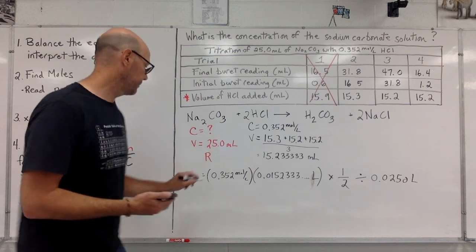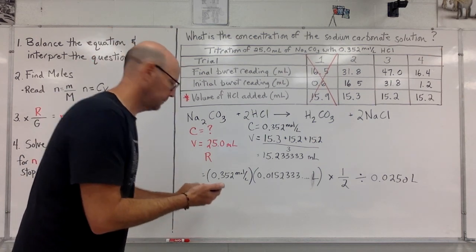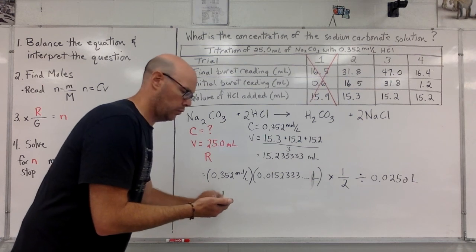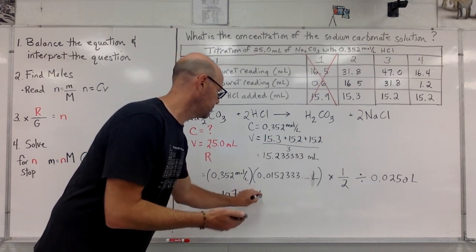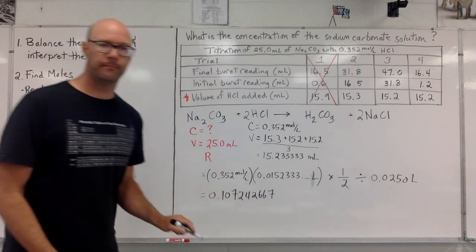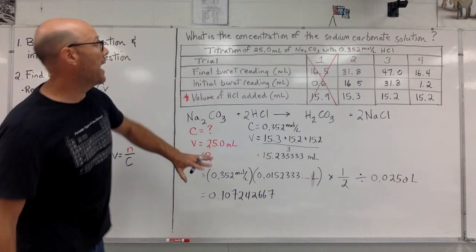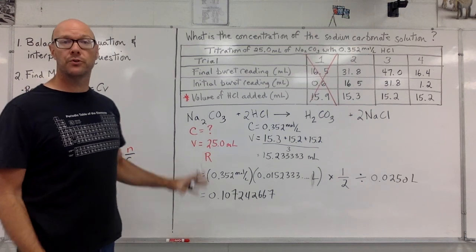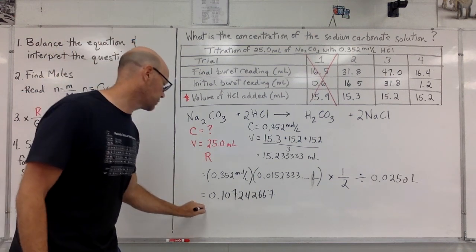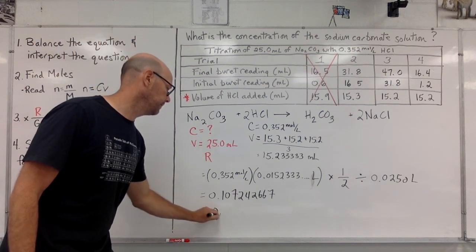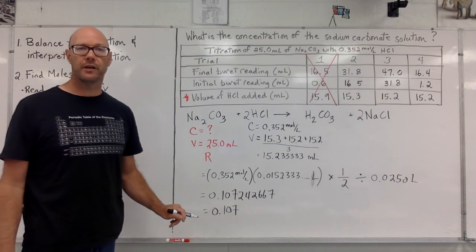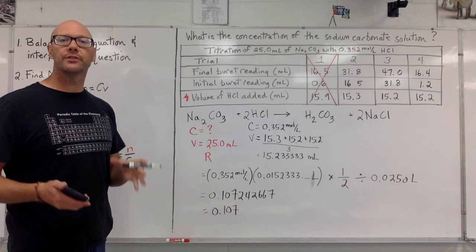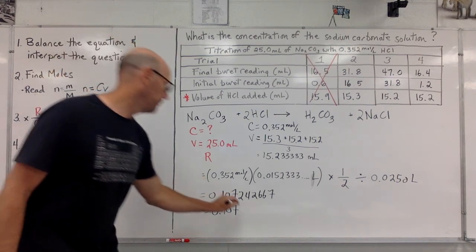And I end up with 0.107242667. When I look back at all of the values that I used, I had 3 significant digits, so I round this off appropriately. 0.107. And this is the concentration that we found.